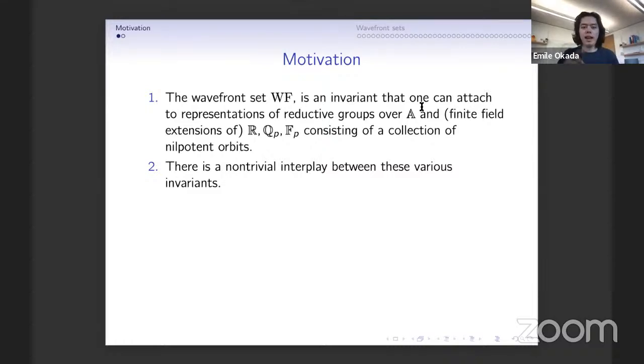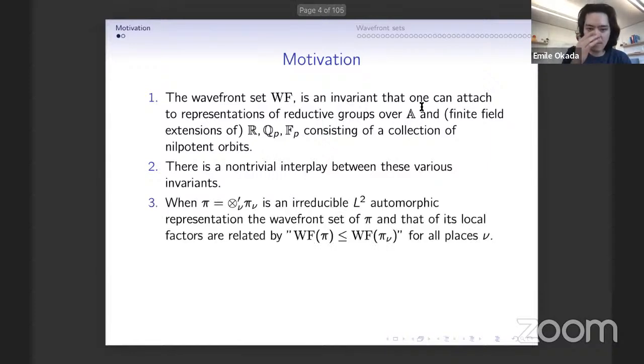And there's non-trivial interplay between these various invariants. And this particular inequality Dima here is an expert on. So if you have an irreducible L2 automorphic representation, the Wavefront set of the automorphic representation lower bounds the Wavefront set for the local factors.